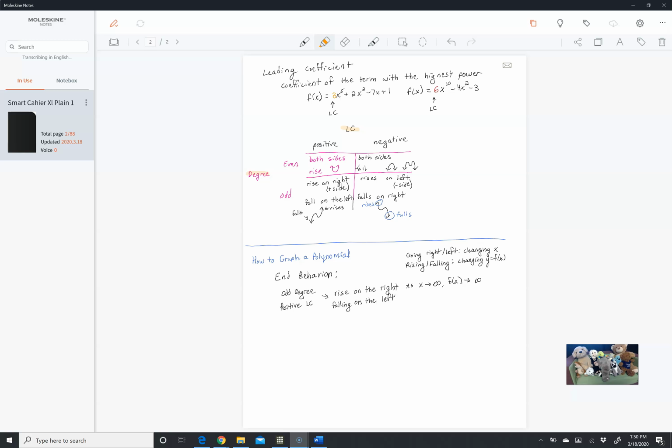So increasing or rising is approaching infinity. Decreasing or falling is approaching negative infinity. Okay, so if we're talking about the left, as x approaches negative infinity, because we're going left, in this case f of x is approaching negative infinity.